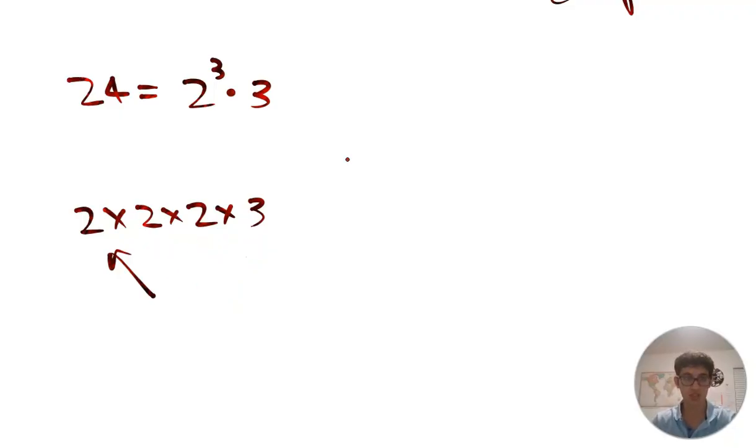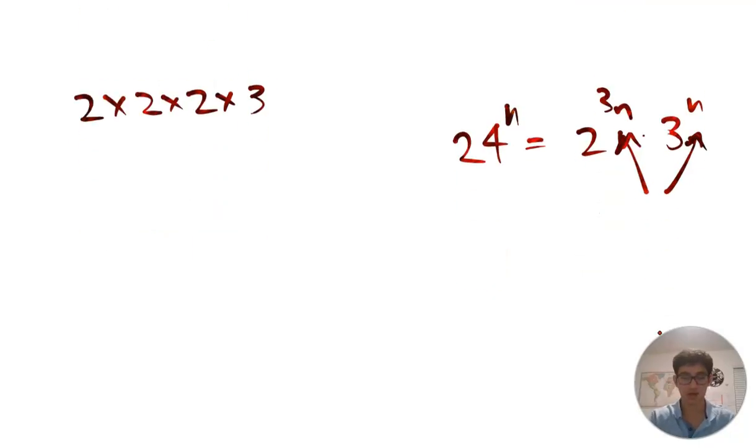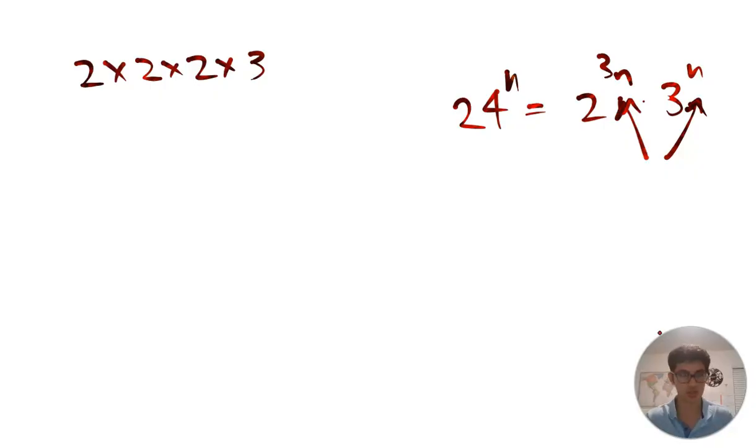So in total, we need 3 times as many factors of 2 as we do 3. If we have n 3's, we'll need 3n factors of 2 to give us 24 to the n, which is 2 to the 3n times 3 to the n. Whichever one of these is less will give you the value that you take. If that's a little confusing, you'll see what I mean.